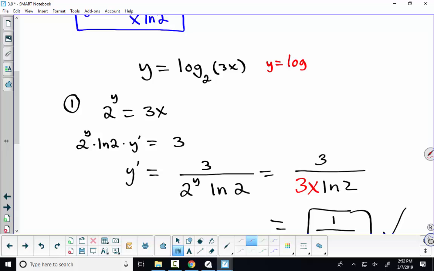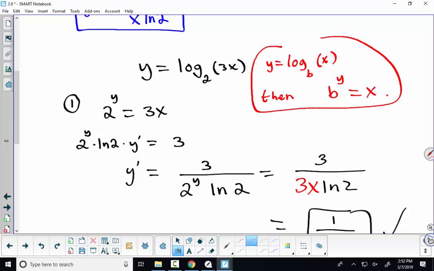If y is the log base b of x, equivalently we can always say b to the y equals x. So either you can choose to deal with the derivatives of the logarithms by remembering the formula, or you can write it out as an exponential form and then take the derivative implicitly.